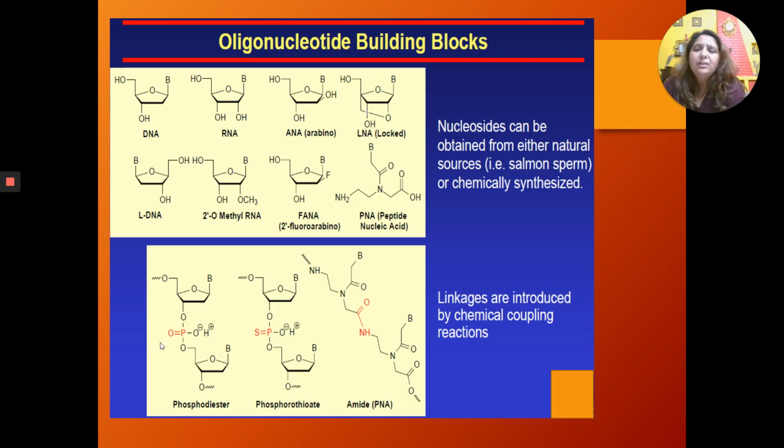Okay, so similarly there are different types of nucleosides which are required for the synthesis of oligos, and they can either be obtained from natural resources or synthesized chemically during the chemical reaction. And once these are formed, they can be joined together to form the linkages leading to the formation of the oligos.